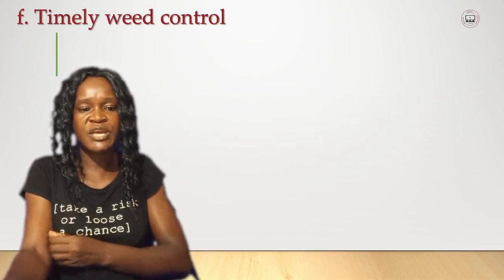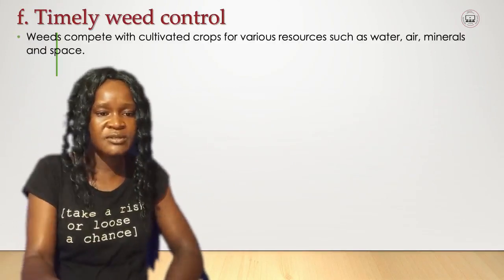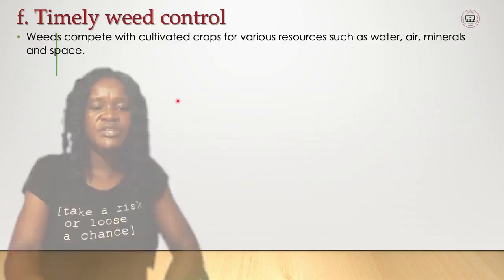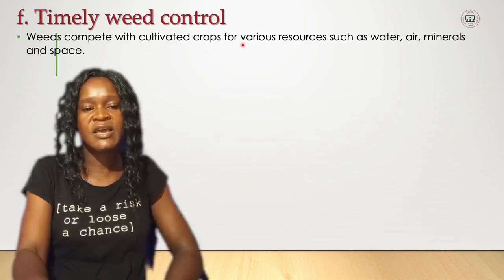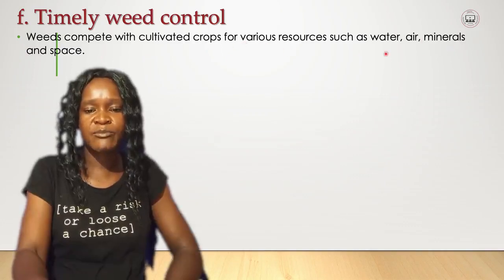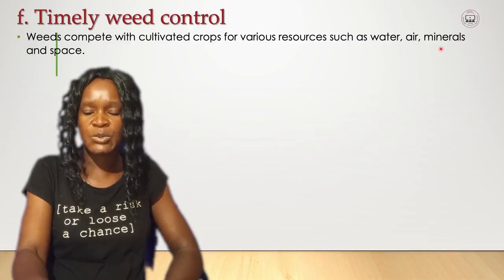Another way is through timely weed control. Weeds compete with the cultivated crops for various resources such as water, air, space, as well as minerals. If the weeds are not controlled in time, they will be competing with the crops for the minerals.